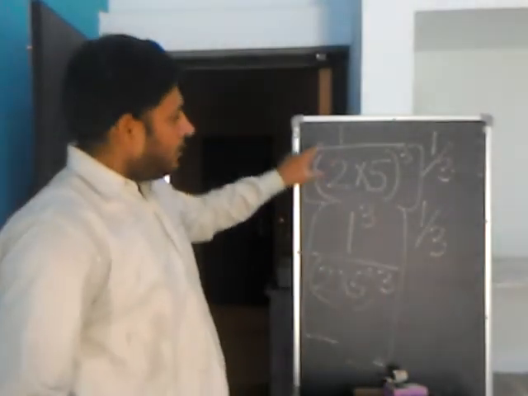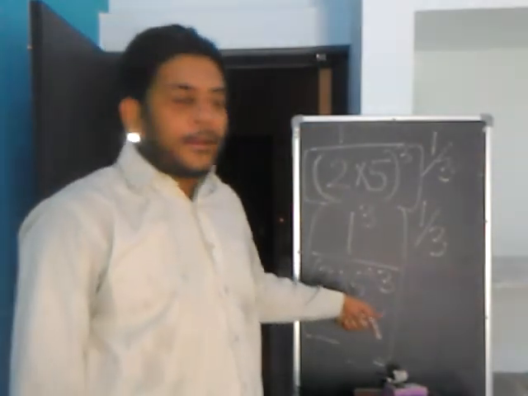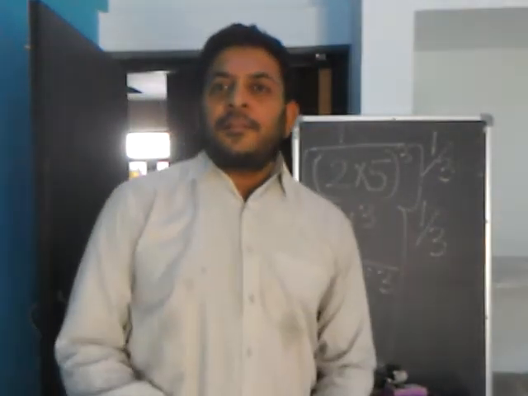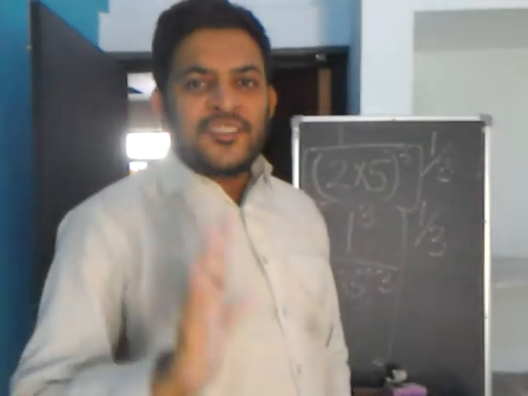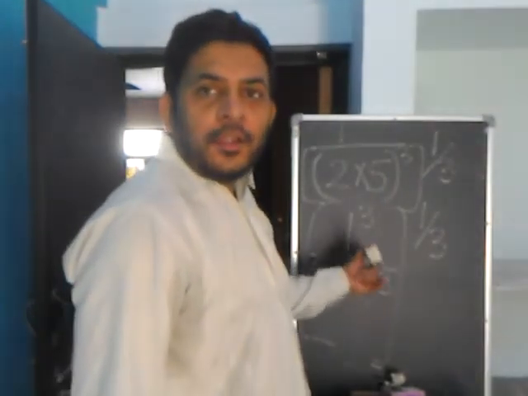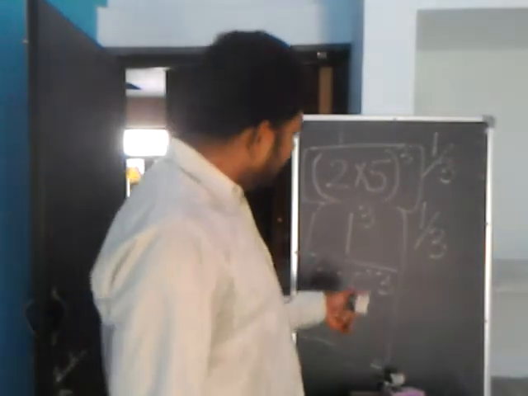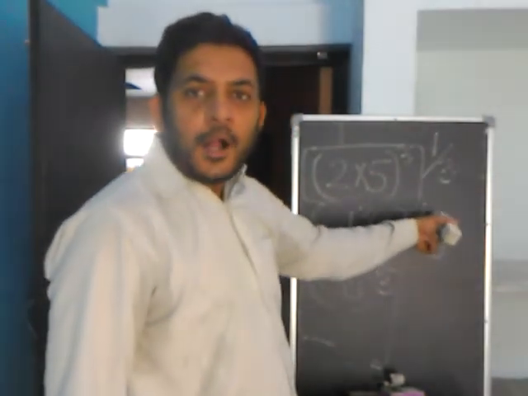Understood this? What I did, I closed numerator and denominator in a large bracket, because 1 can be written in the power of 3. 1 into 1 into 1 will remain 1, so there is no change. And 2 into 5 raised to the power 3, which we got by the calculation. Then I wrote down the original power, that was 1 by 3, out of the bracket.